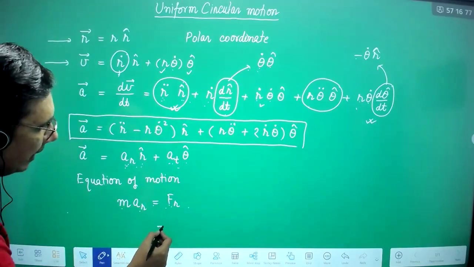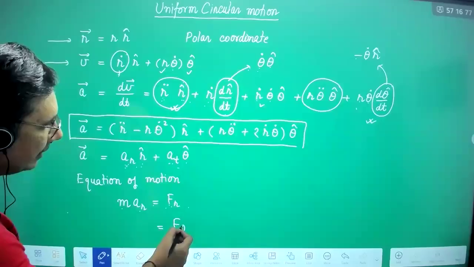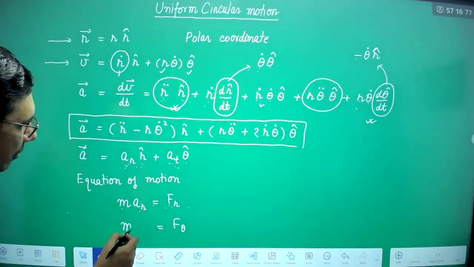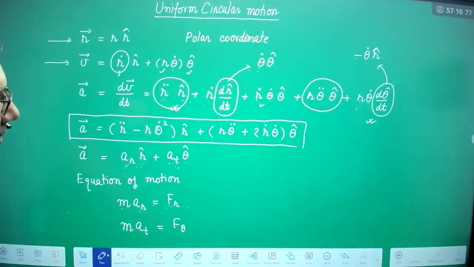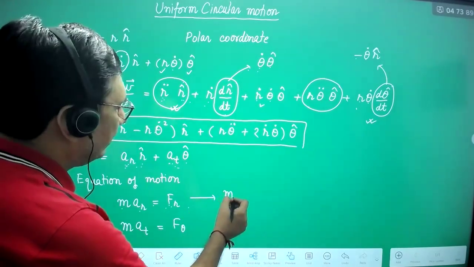Similarly, if force is acting in the tangential direction, you can write it as F theta. Then this will be responsible for the acceleration AT in that particular direction. What is AR?